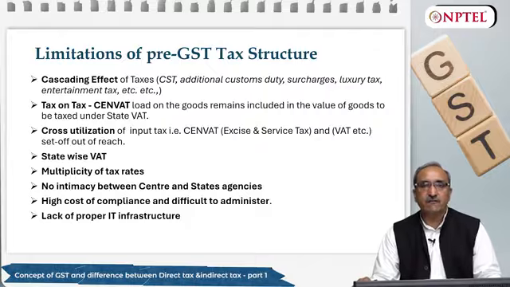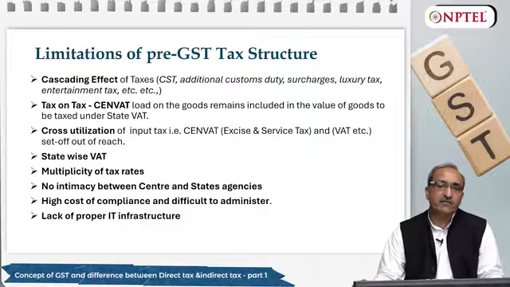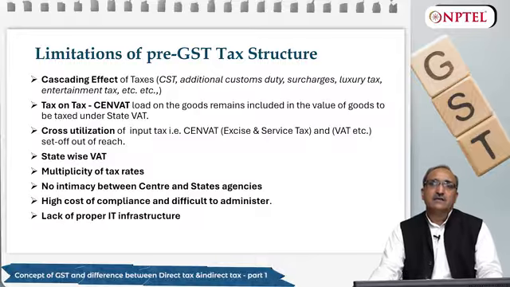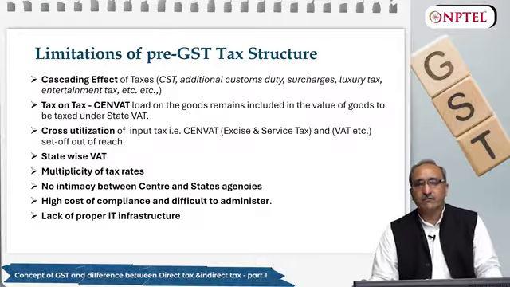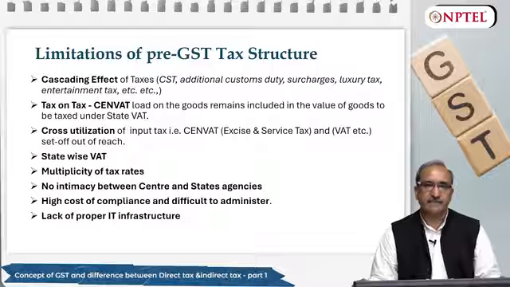So friends, after discussing these cascading effects, let's talk about state-wise VAT. This was another issue under the pre-GST regime. See, in the country we have 28-29 states. Each state has its own VAT because the constitution empowers them. So every state had its own VAT act or sales tax act.